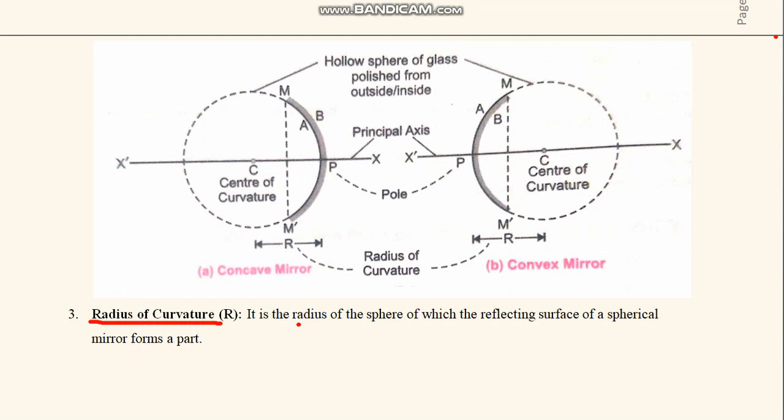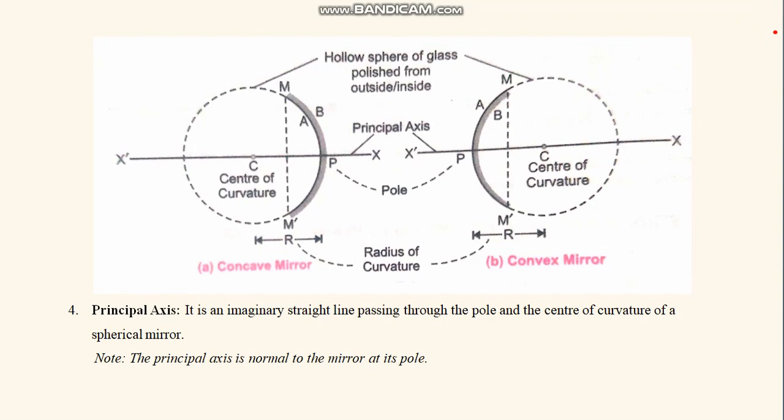It is the radius of the sphere of which your spherical mirror forms a part. That is, this is the radius of curvature of the concave mirror, the distance between the center of curvature and the pole, and this is the radius of curvature of the convex mirror, the distance from the center of curvature to the pole. It is represented by capital R.